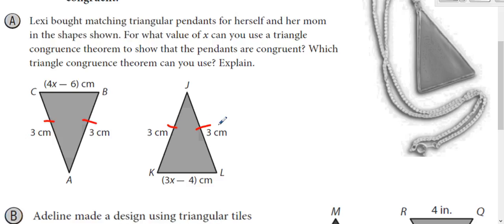Those are all congruent. That means that this other side down here, CB and KL, need to match up. So in order for them to be congruent, they need to have the same length, which means they need to be equal. So 4x minus 6 has to be equal to 3x minus 4.